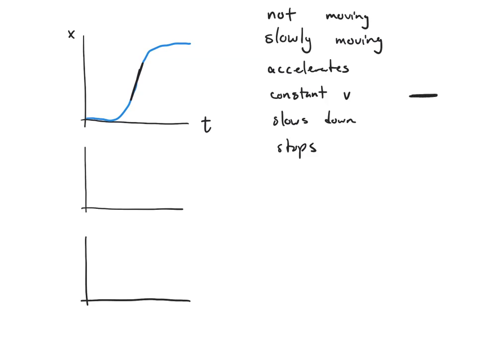The constant velocity will be a black line. Not moving will be red lines. Slowly moving, I'll use green. And yellow I'll use for accelerating and decelerating, which is speeding up and slowing down.